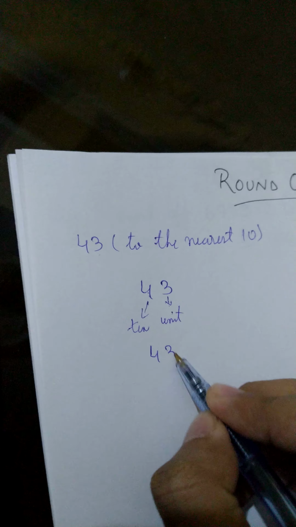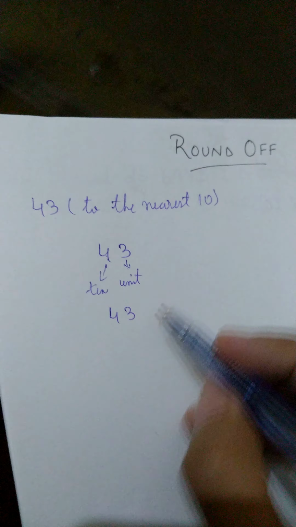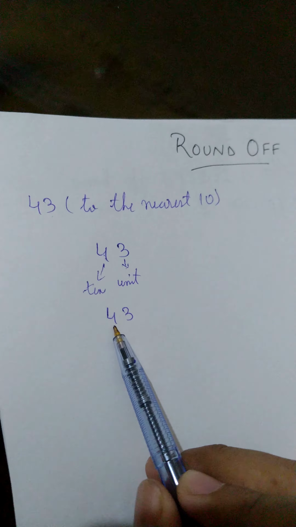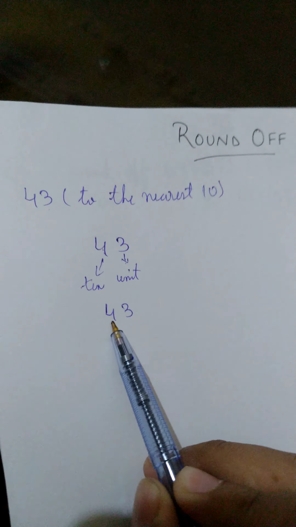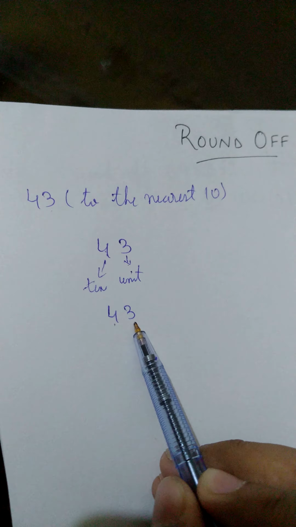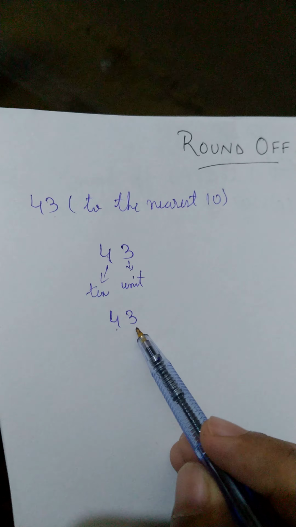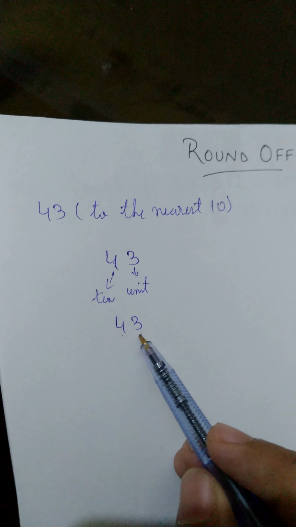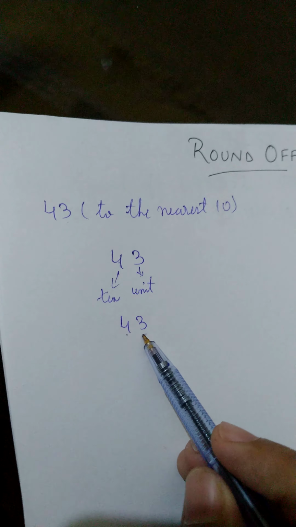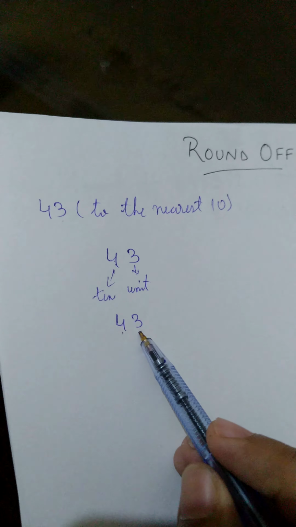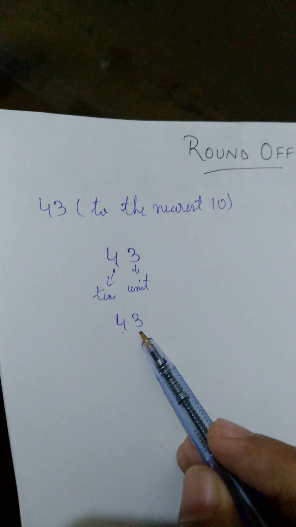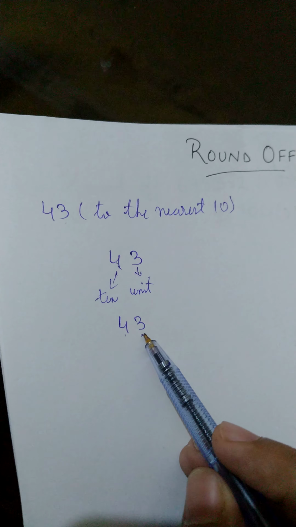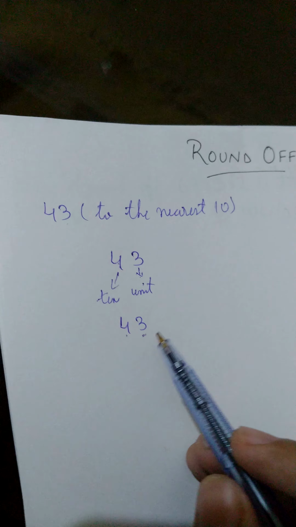So 43, when rounded off to the nearest 10: I have identified the 10 here. To round off, I will look at the number on the right of that number, which is 3. After finding it, we have to check whether this number is greater than 5 or less than 5. As you can see, 3 is less than 5, so we round down.